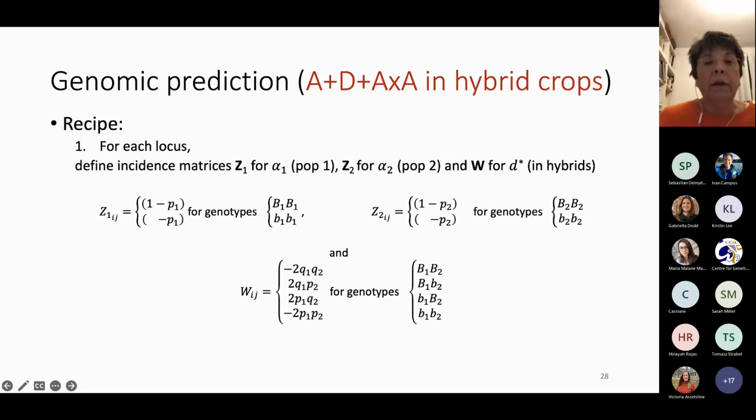So we will have an incidence matrix SID1 from the substitution effect for the population 1. You have that here, and as in the heterotic group the lines are inbred lines, we have this form. It's the same for the population 2, and then we define W in the hybrids, and you will see that in the hybrid we have the allele frequency from one population, but we have also the allele frequency for the other population.